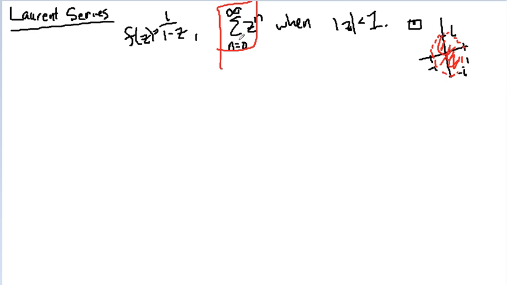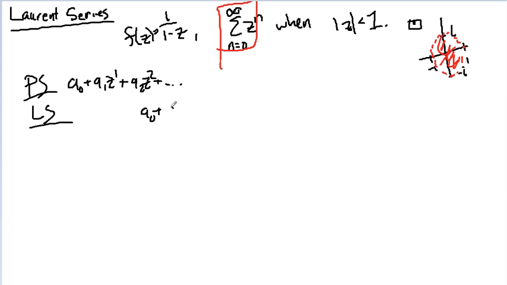you can use Laurent series, which are essentially, if power series look like something like this, a naught plus a1 z to the 1 plus a2 z squared plus and so on. A Laurent series looks like this. a naught plus a1 z plus a2 z squared plus and so on.